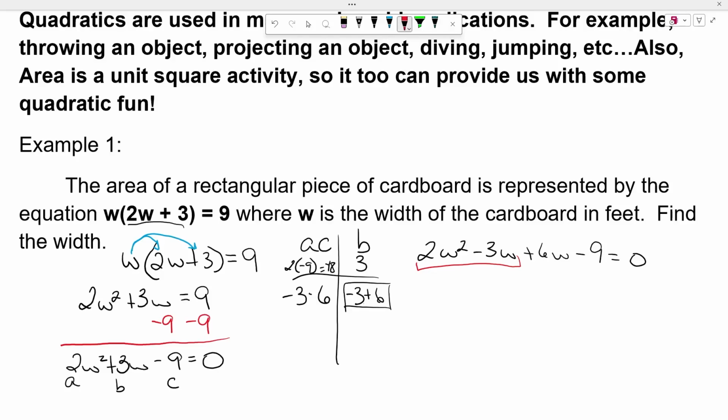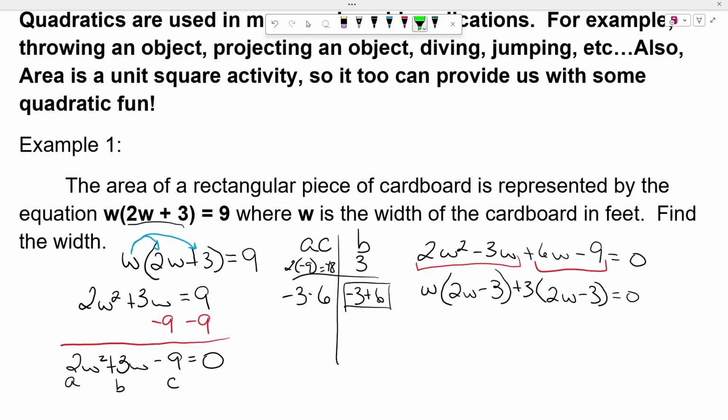Out of the first two, I'm going to take out a W, which leaves me with 2W minus 3. Out of the second group, I can take out a positive 3, which leaves me with 2W minus 3.